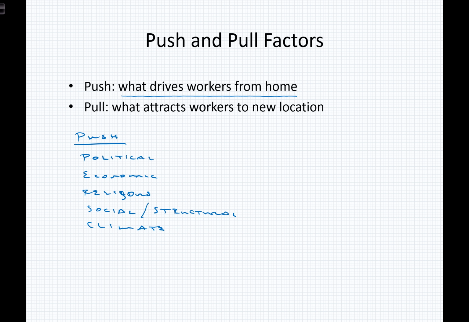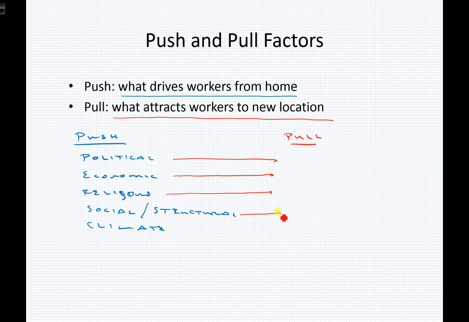Well, we have to think separately about where these people are then attracted to go. We've got the motivation to get them to leave their country and a push factor, but what's the motivation to cause them to go to a particular nation? We call those pull factors, or what attracts workers to that location. Well, similarly, each of these issues that we've thought about or talked about for push might be present as pull factors.